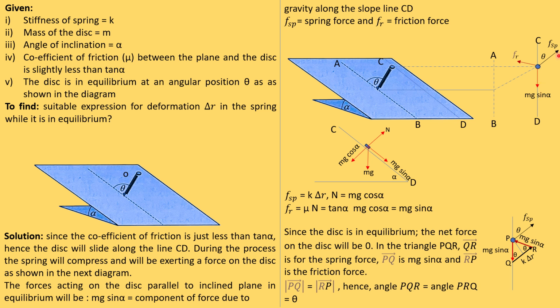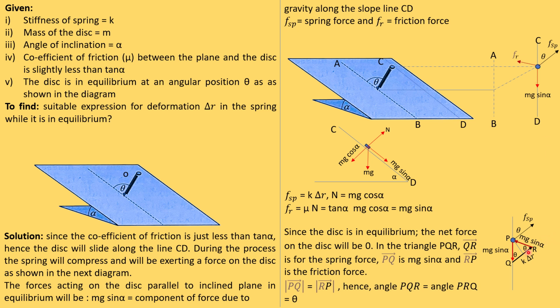For that to happen, these three forces should be able to constitute a triangle. So we are projecting this diagram over here. In this direction it is mg sin alpha. Parallel to this is F_sp, the spring force K delta R, and parallel to the friction force.